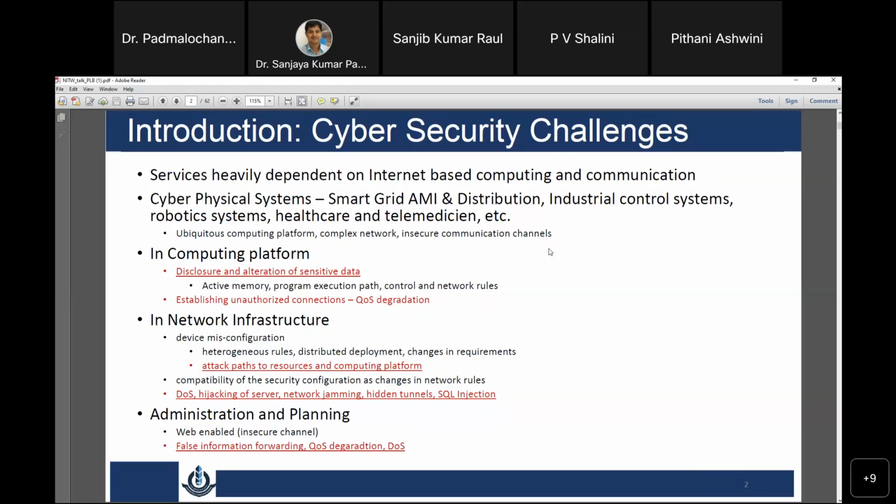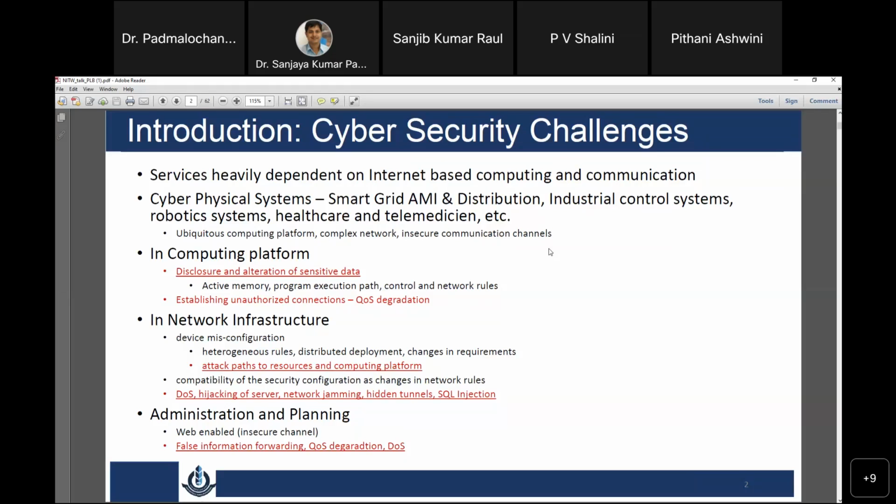Therefore, it is obvious that cyber security violations could potentially be possible in those applications or environments.